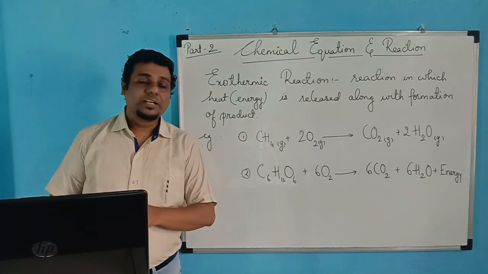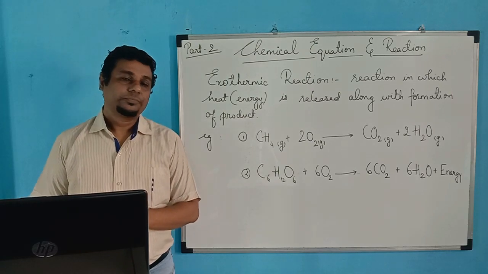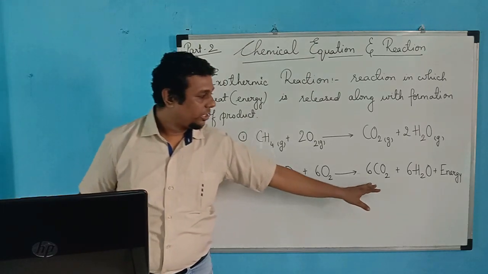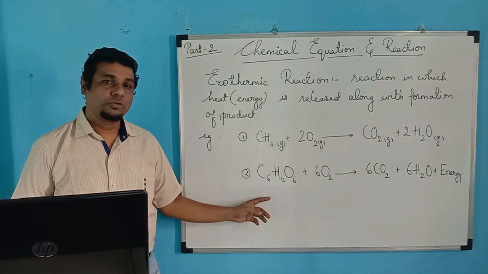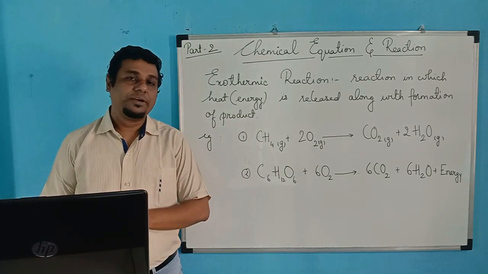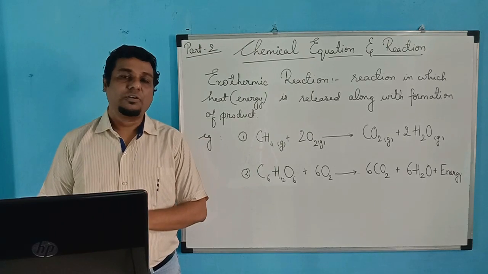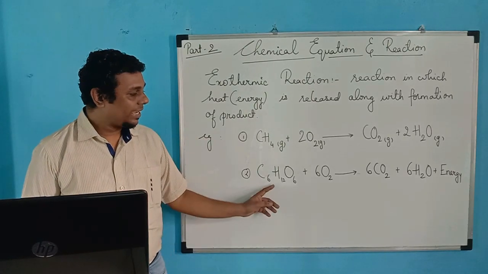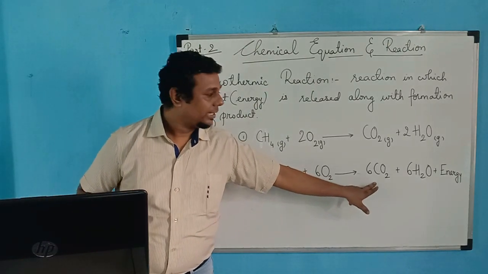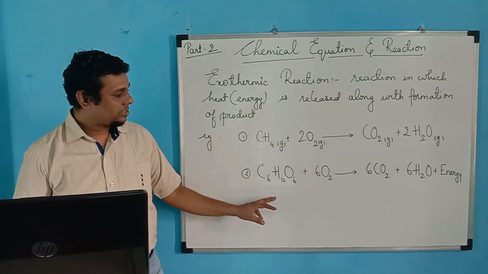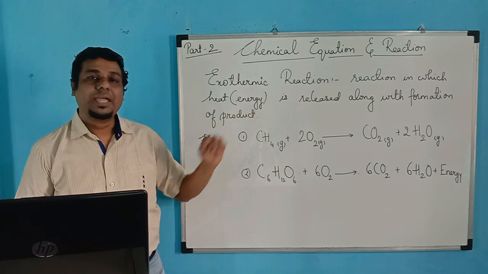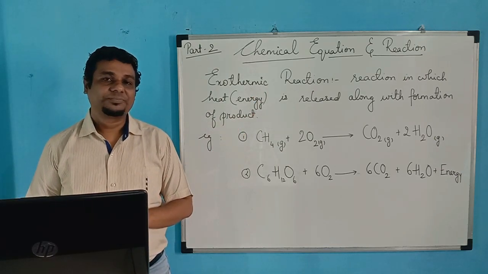The energy that we consume in our food is released in this form. Glucose, taken in through carbohydrates, an element of our food, breaks down into carbon dioxide, water and energy. This is also an example of exothermic reaction.